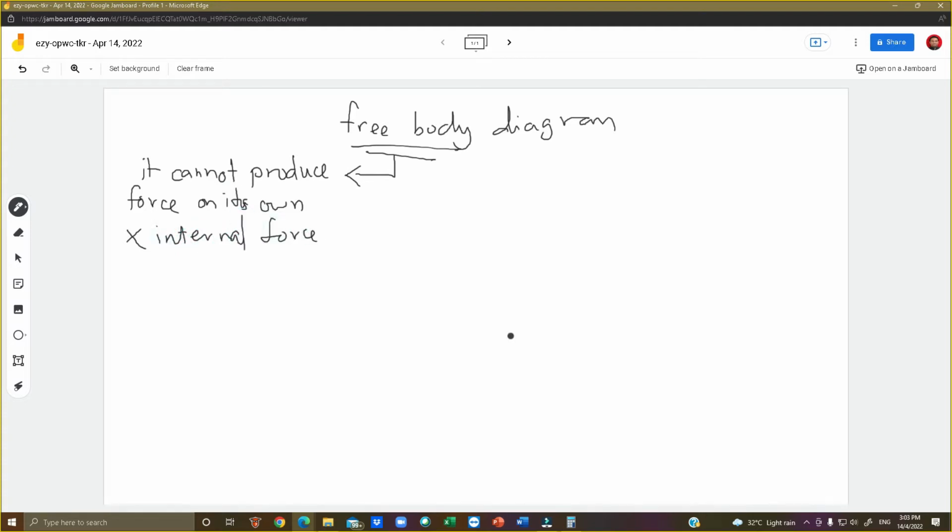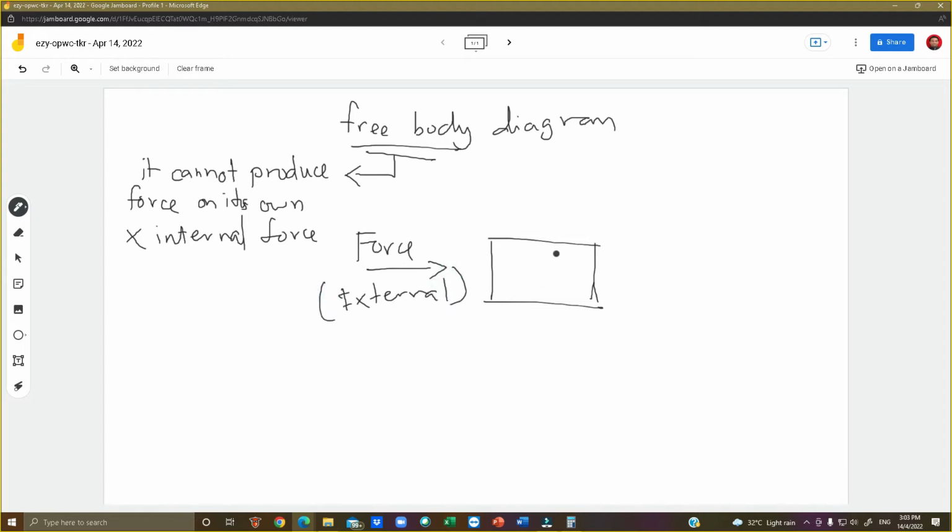So free body only subjected to several properties. Okay, kita lah ni objek. So free body, apa yang dia ada? Satu, it can react to external force.